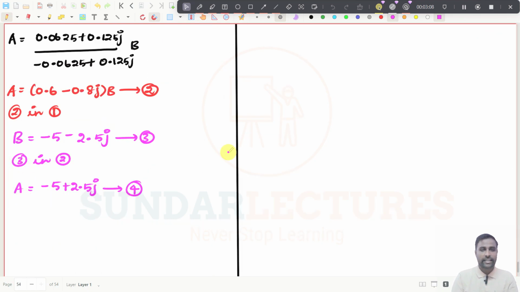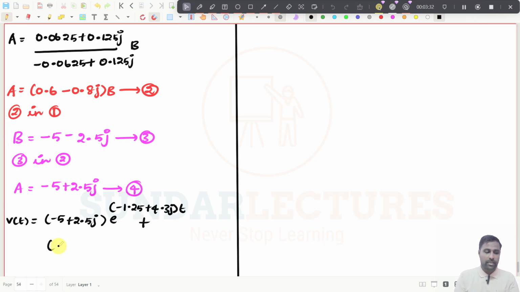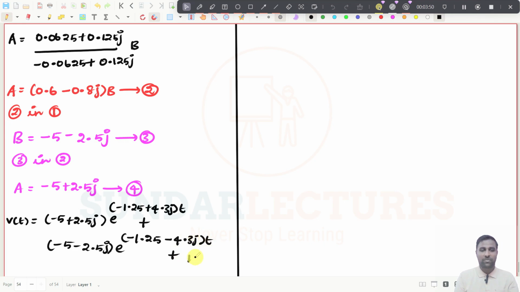So V of T can be written as minus 5 plus 2.5j e power minus 1.25 plus 4.3j into T, and then there is a plus, minus 5 minus 2.5j e power minus 1.25 minus 4.3j into T, plus 10, right?